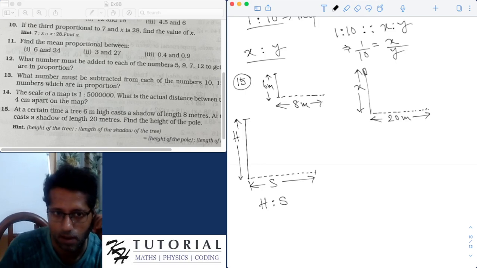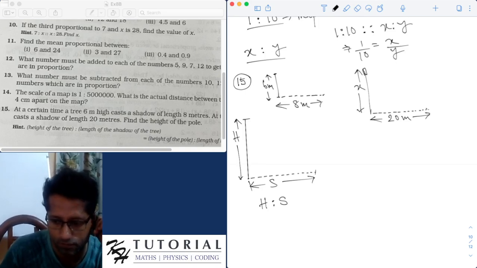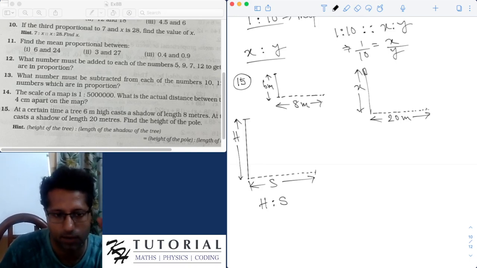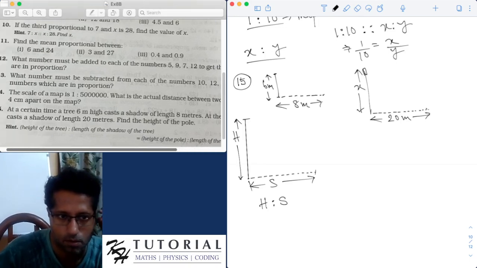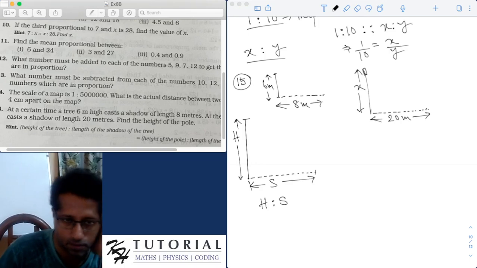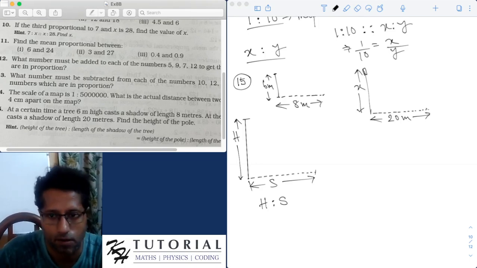This is important. At the same time, due to the position of the earth and the sun, the height of any object and the length of its shadow, that ratio is always the same. So this is the concept we have to apply. Since it is given that at a certain time a tree 6 meters high casts a shadow of length 8 meters, and at the same time a pole casts a shadow of length 20 meters, what will be the height of the pole?